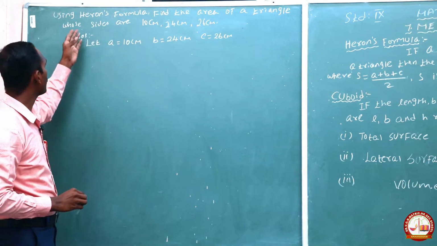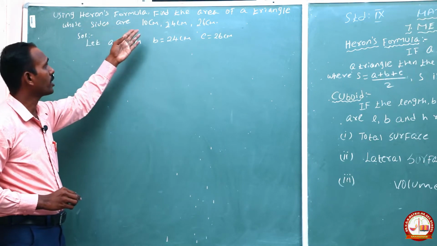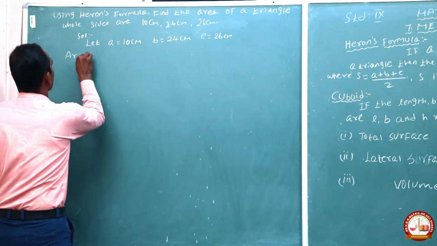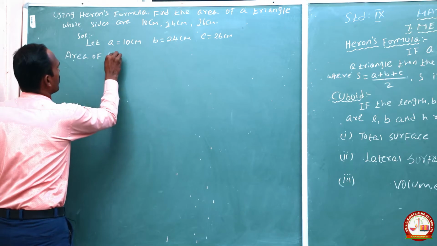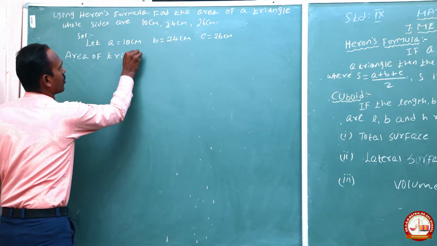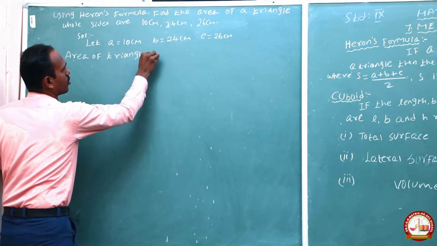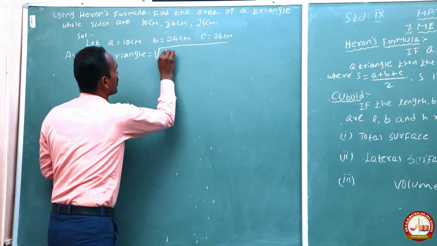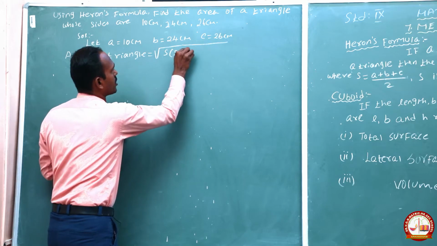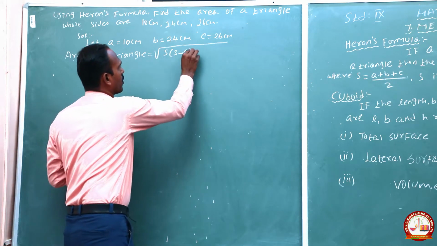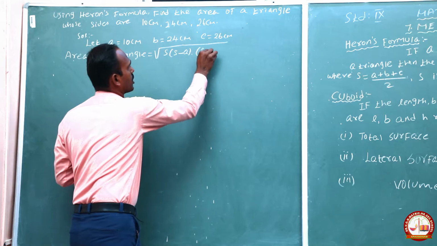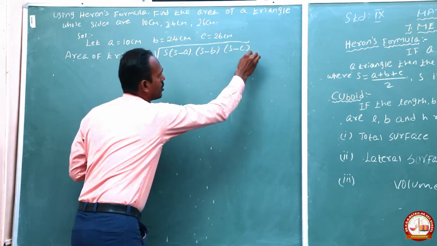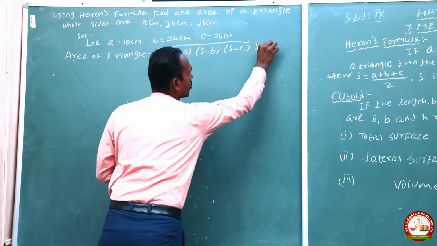What is the formula, Heron's formula, to find the area of a triangle? Area of triangle equals root of s into (s minus a), then (s minus b), then (s minus c) square units.